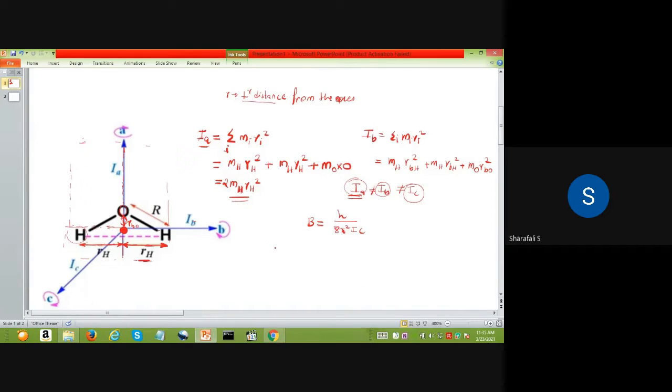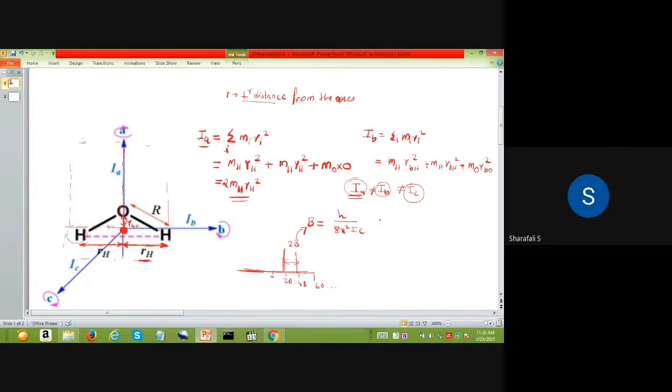So B is equal to h by 8 pi square IC, and we have that spectral component which is coming from any molecule, with lines displaced like 2B, 4B, 6B, etc. So as you can see from here, suppose you are having the lines 2B and 4B, the separation between these two will be 2B. So that B is coming from here.